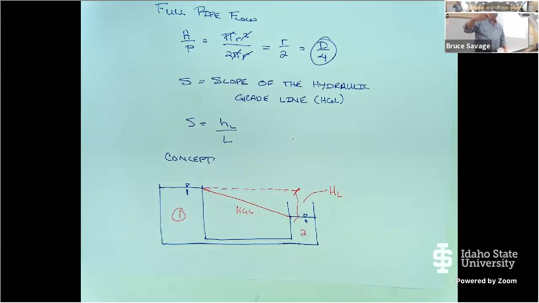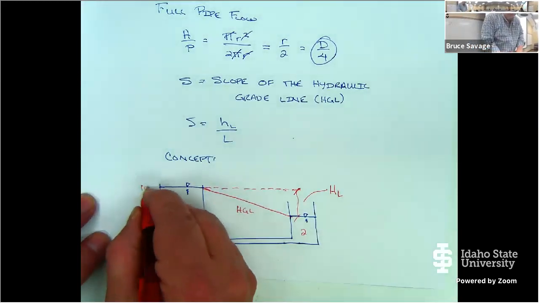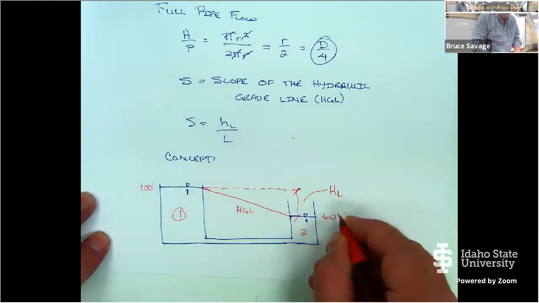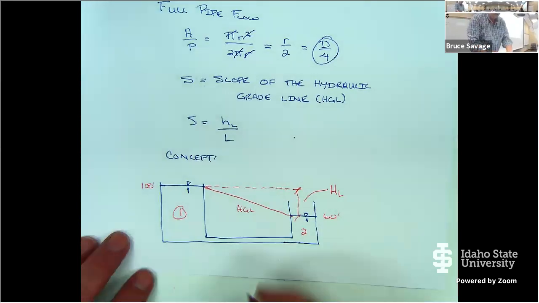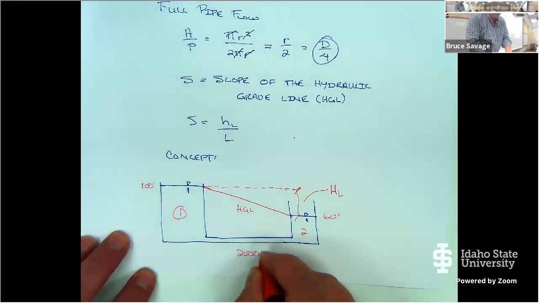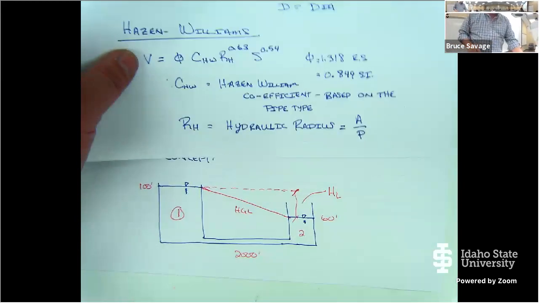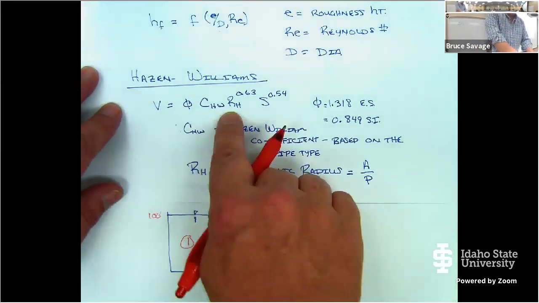But if I want to find the flow rate, and I know the head loss, so if I knew that this was 100 feet and this was, say, 60 feet, so I've got a head loss of 40 feet and a length of pipe of, say, 2,000 feet, I can now plug that into my equation.